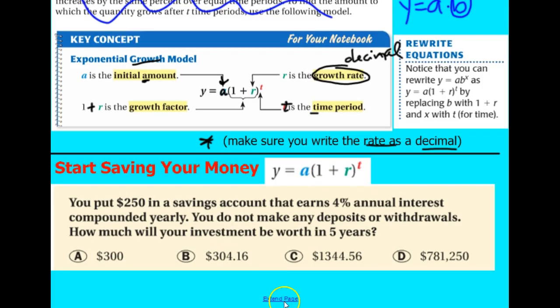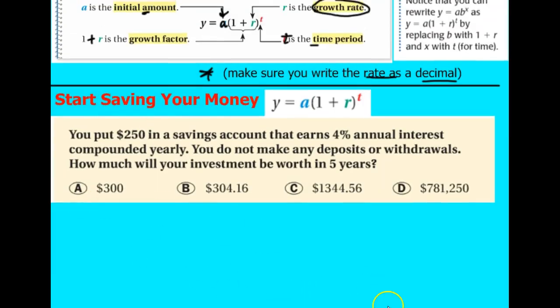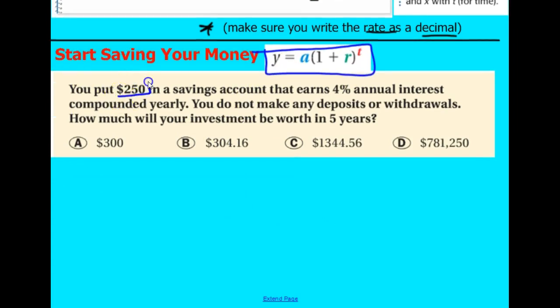So here we're just going to do 2 problems, I believe, with this, and they'll be pretty quick. So here's our equation again. It says you put $250 into a savings account. Okay, that's going to be our initial amount, or A. We're initially investing $250. That earns 4% annual interest.